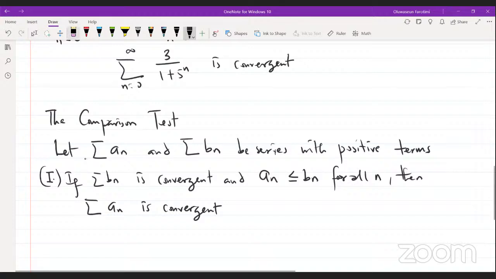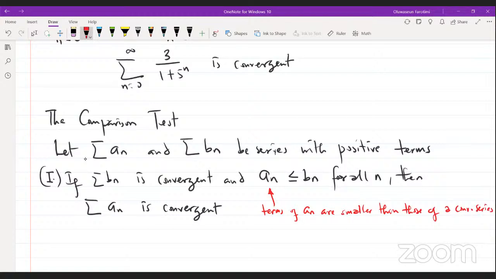Now I need to write something in red just to help you guys. The terms of an are smaller than those of a convergent series.